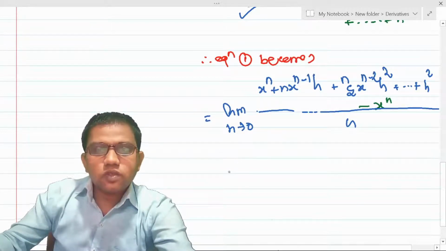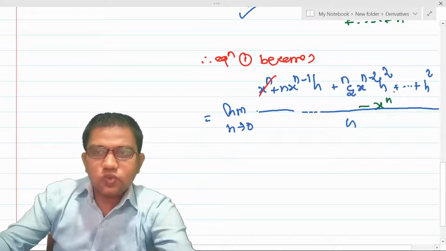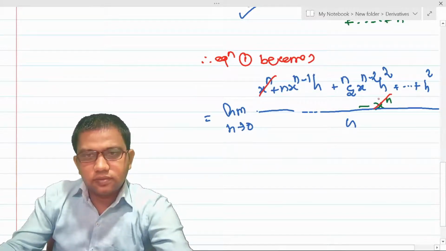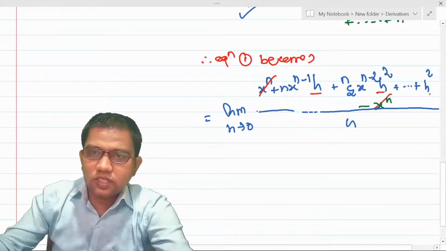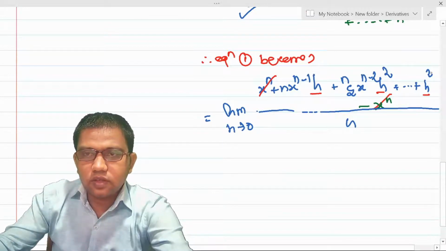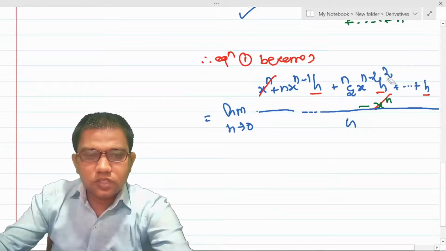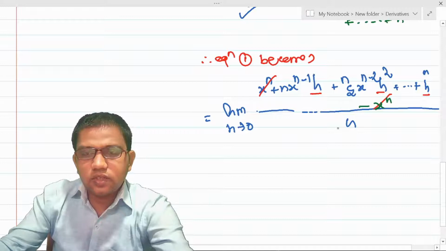Okay. So if you observe, this plus x raised to n minus x raised to n gets cancelled. And in every term there is h: h, h square, up to h raised to n. Therefore, I just take that h common so that I can cancel it with the denominator.